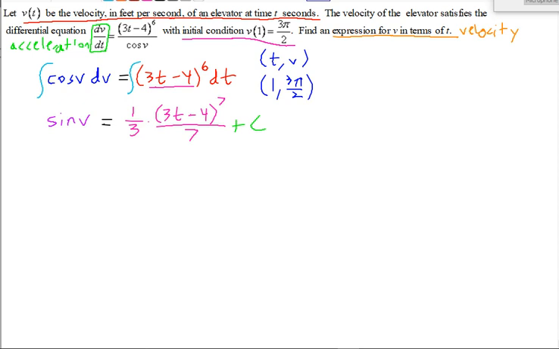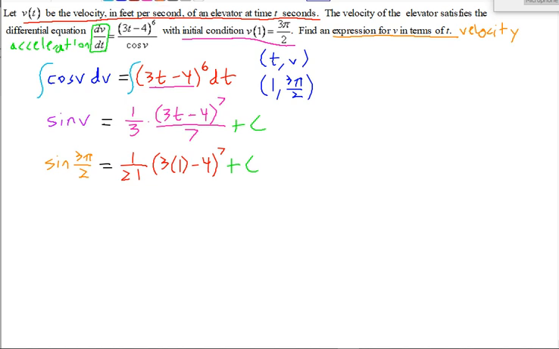So we'll have the sine of 3 pi over 2 equals, and pull this out as a 1 over 21 out in front. And then it would be (3 times 1 for time minus 4) to the 7th plus c.